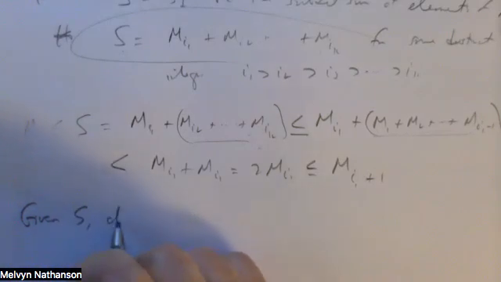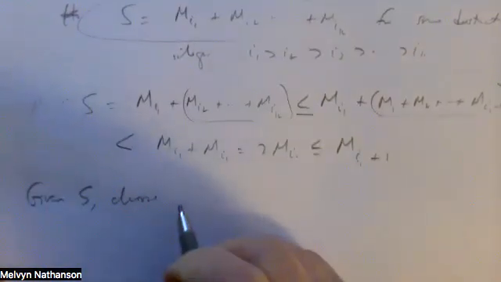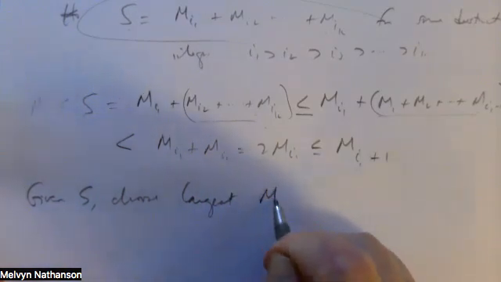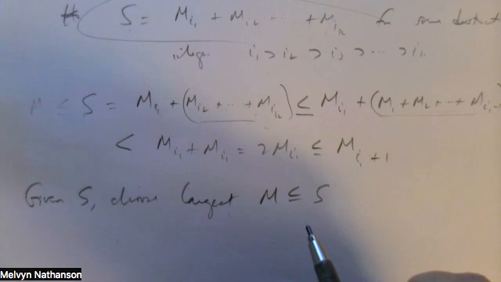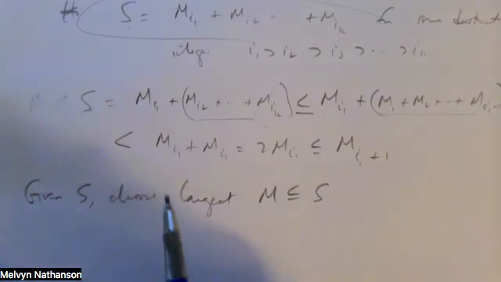So given S, choose the largest M that's less than or equal to S. Okay. See how I'm saying this. I'm not sure I'm saying this in the most elegant form.